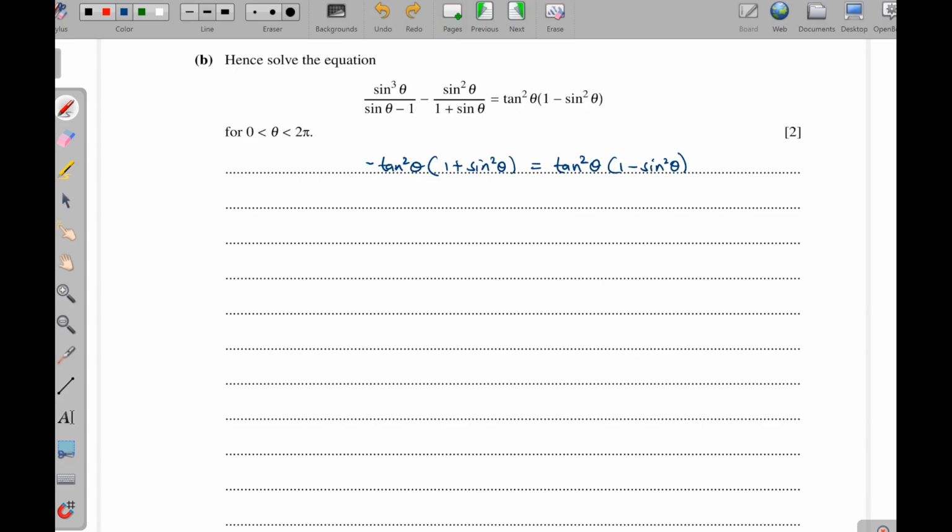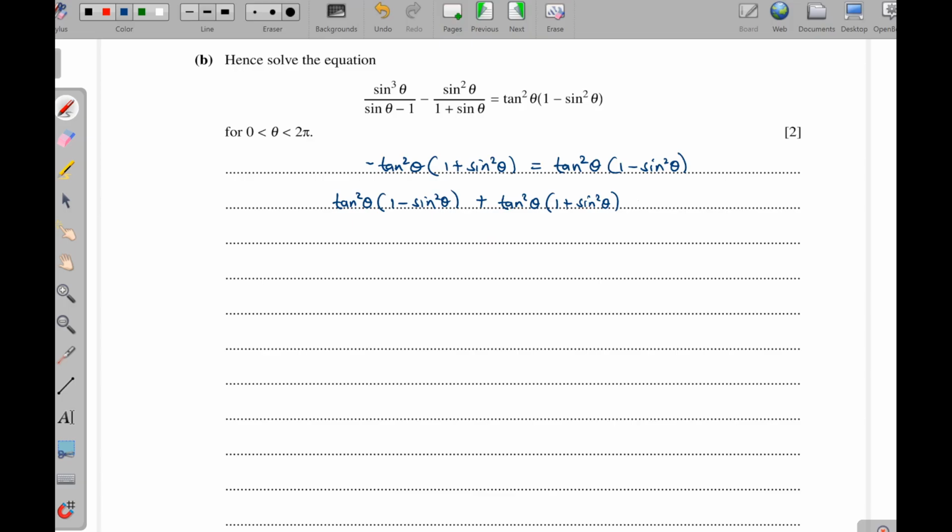Or you put everything on one side, because by doing so, we are killing a solution, you see? So take this one to the other side. We shall have tan squared theta into 1 minus sine squared theta. When this one crosses, we shall have a plus tan squared theta into 1 plus sine squared theta.